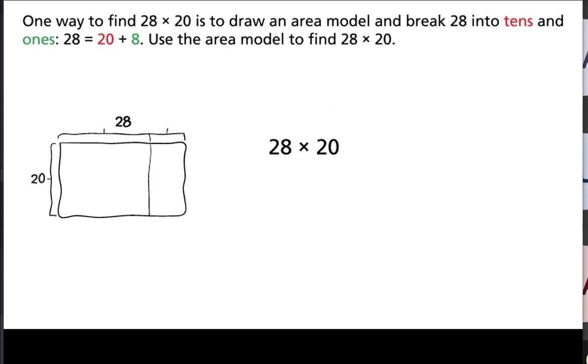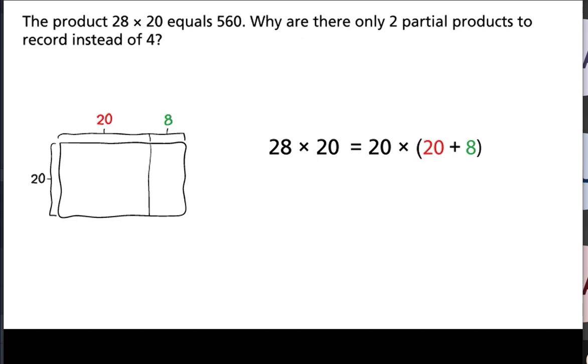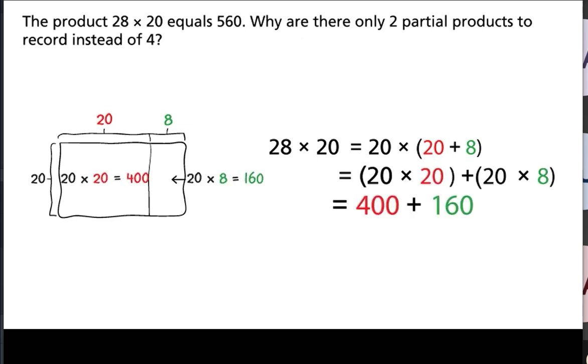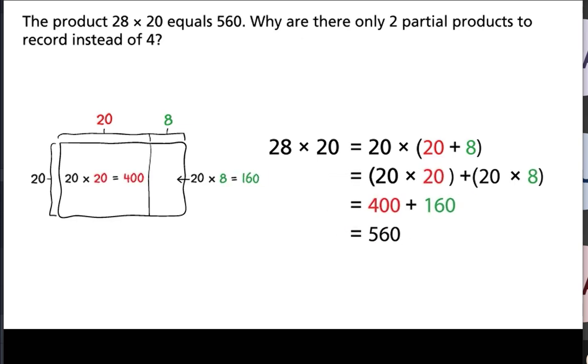One way to find 28 times 20 is to draw an area model and break 28 into tens and ones. 28 equals 20 plus 8. Use the area model to find 28 times 20. The product 28 times 20 equals 560.